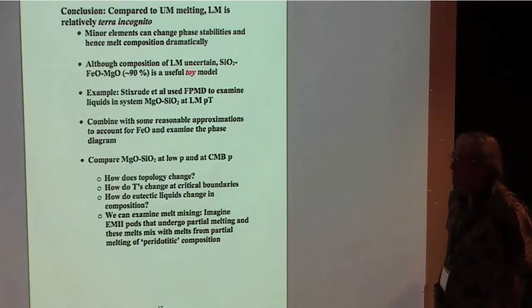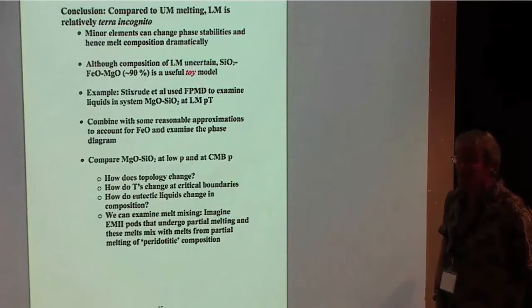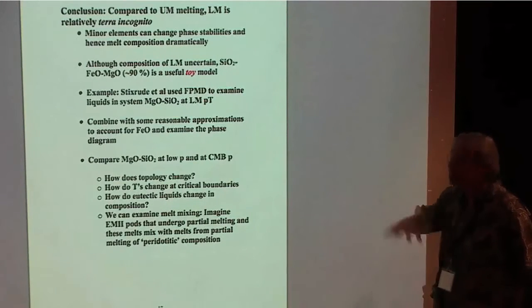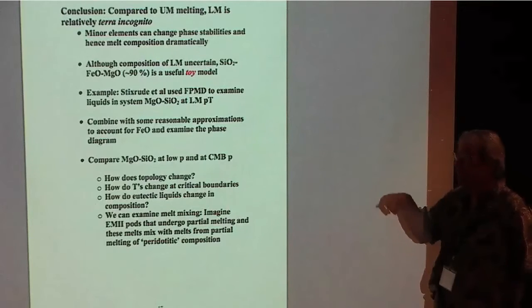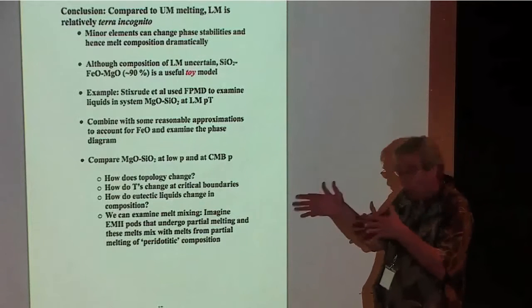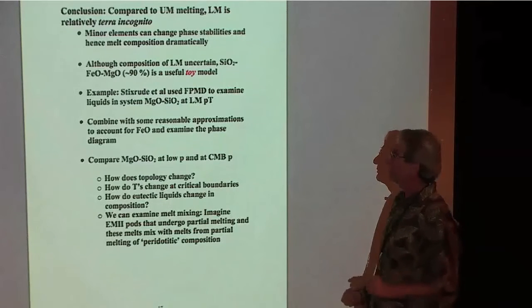So let's think of a system: silica, MgO, FeO, right? After all, they do comprise 90% of the bulk composition, pretty much, okay? And let's look at phase relations in the MgO-silica join. Very simple Earth now. And then we'll throw some iron in and see what happens, right?